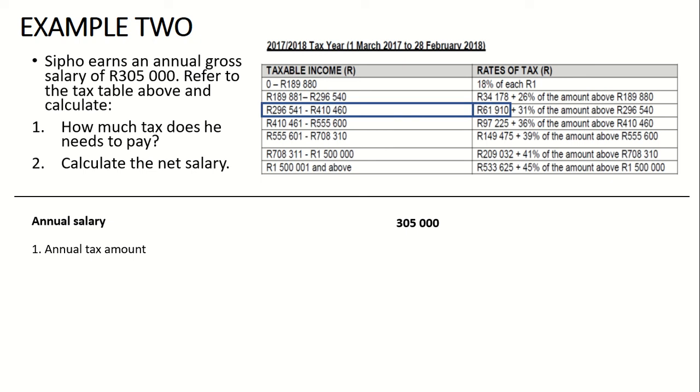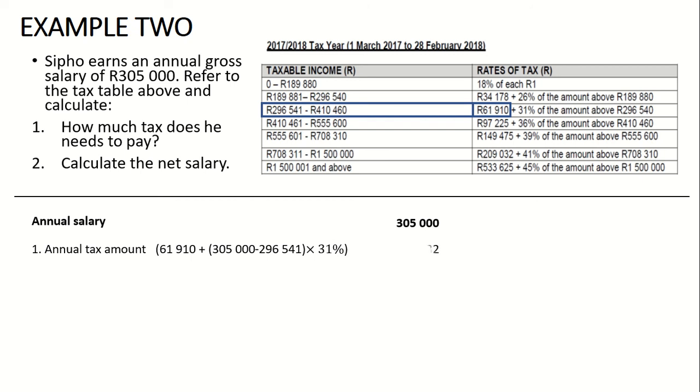So I'm going to start with my calculation. I'll start with that 61,910, and I will take 305,000 minus 296,541. The difference between those two values will attract pay as you earn at 31%. So that difference will be multiplied by 31%, but whatever you get there, you will add it to the 61,910.